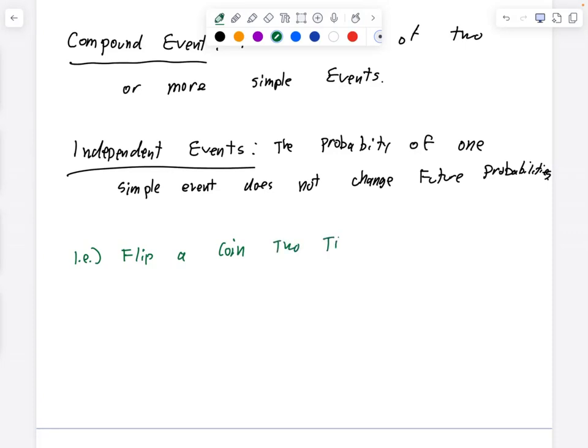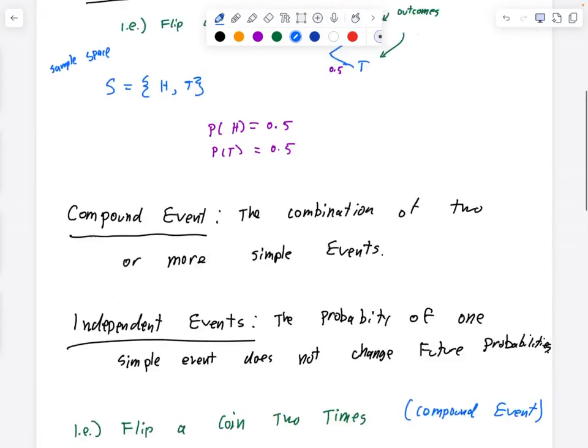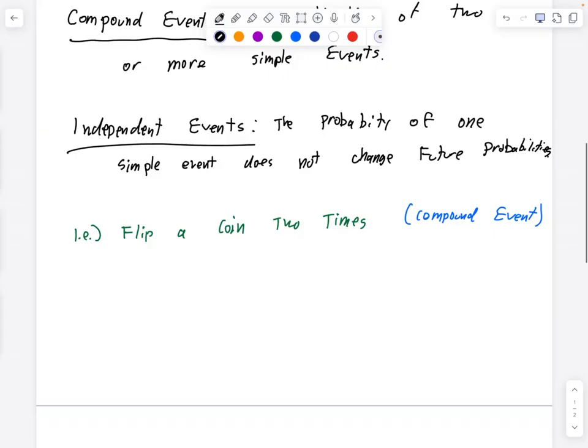So when we flip a coin 2 times, we talked about the outcomes, which we refer to as the sample space, S. And you told me in our do now: heads heads, heads tails, tails heads, and tails tails. This is what you told me.